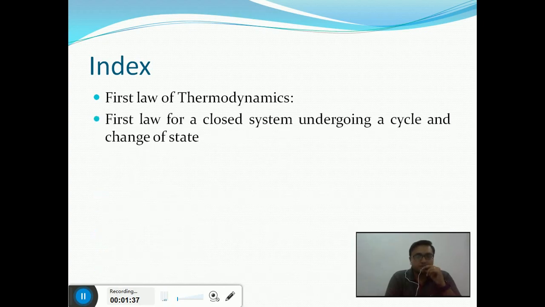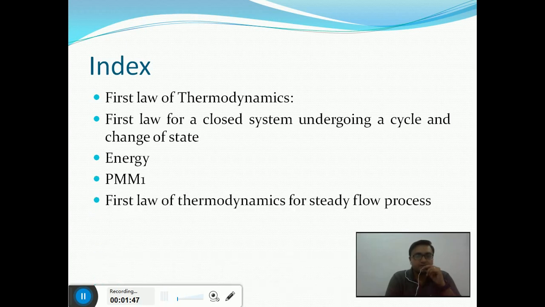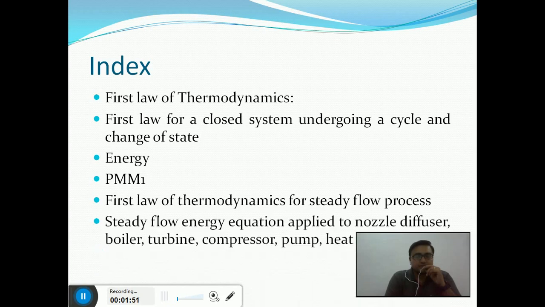The first law for a closed system undergoing a cycle and change of state, energy, PMM1 perpetual motion machine of first kind. First law of thermodynamics for steady flow process, steady flow energy equation for the nozzle, diffuser, boiler, turbine, compressor, pump and heat exchanger.